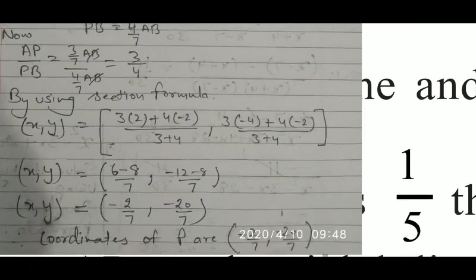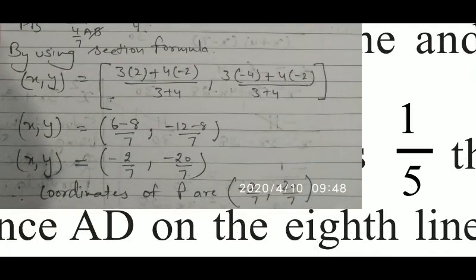After simplification we get (6 minus 8) upon 7 and (-12 plus 8) upon 7. So the coordinates of point P are (-2/7, -4/7).